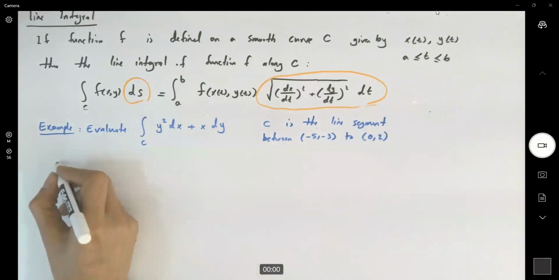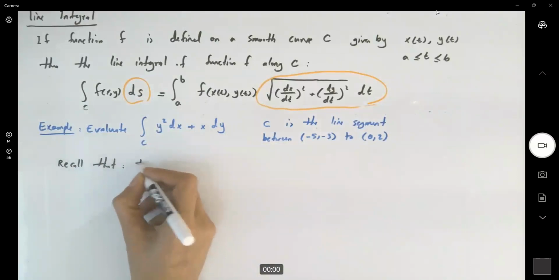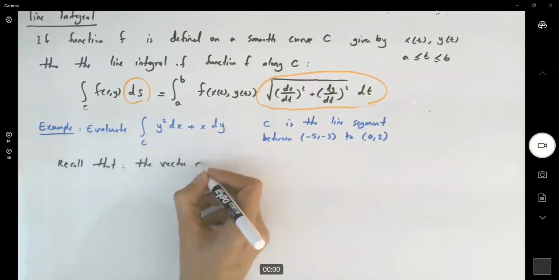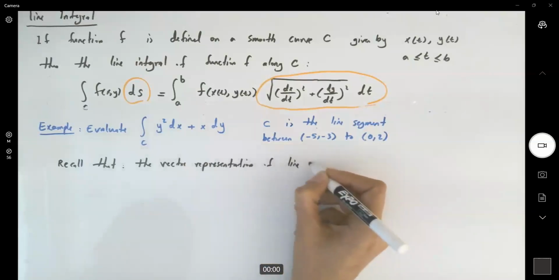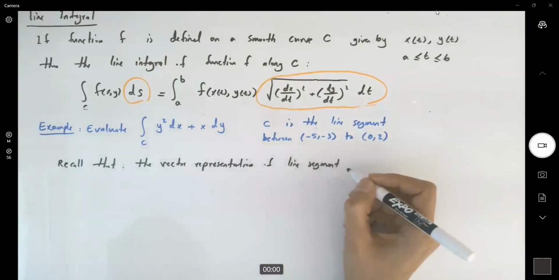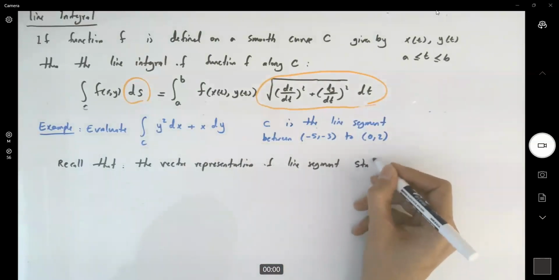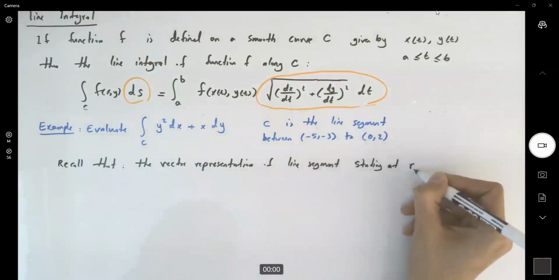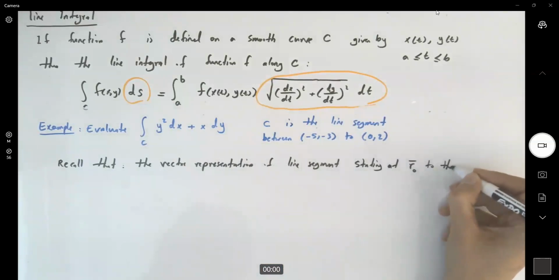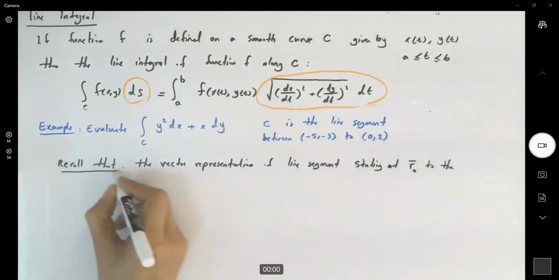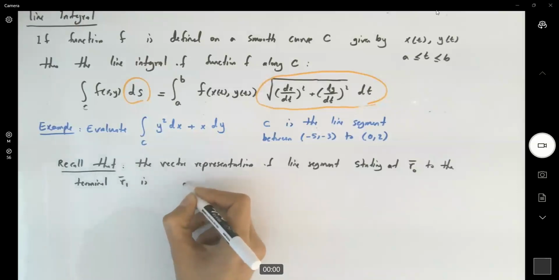First of all, recall that the vector representation of a line segment starting at r sub 0 to the terminal point r1 is written this way.